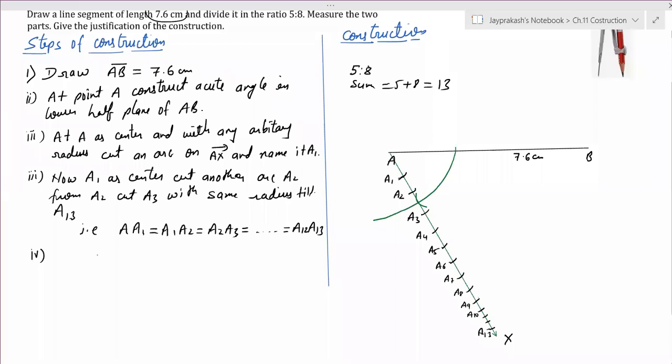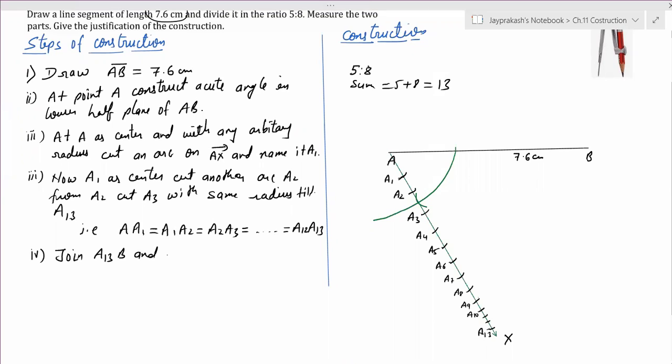So next step we will join the last arc, that is A13, with the end point of the line segment, that means B. So right here join A13B.